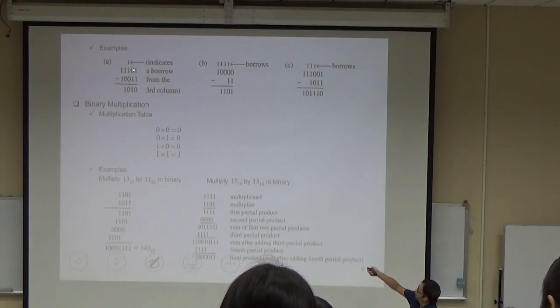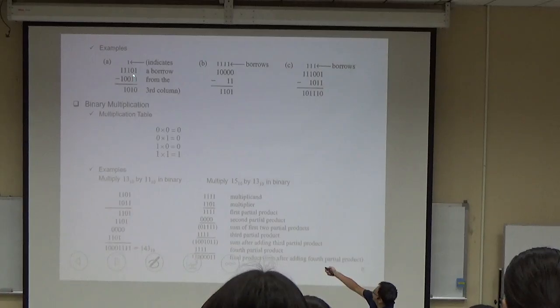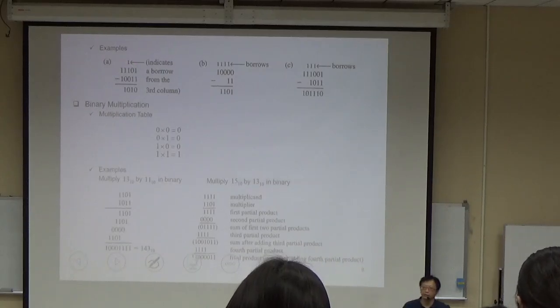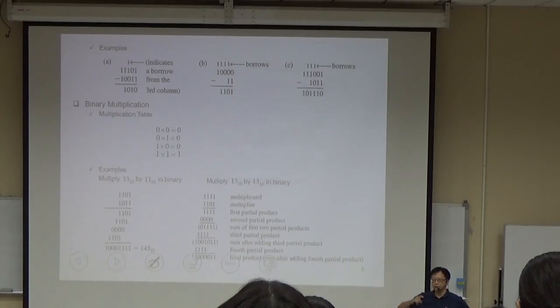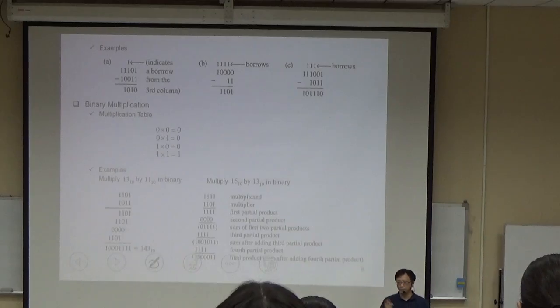And 0 minus 1 will get 1, but then we have a borrow. So 0 minus 1 will get 1, and there is a 1 right here. This indicates the borrow from the last column's subtraction. So this one is a borrow, and it is equivalent to minus 1 for this column in the subtraction.